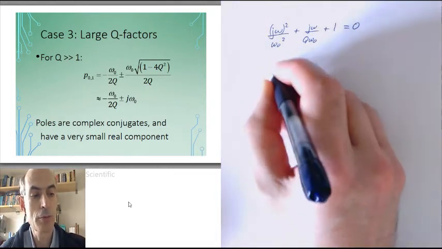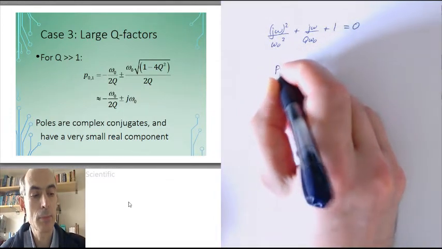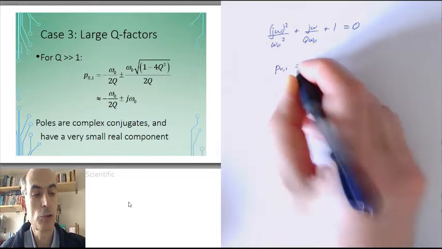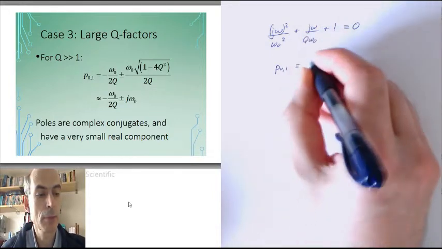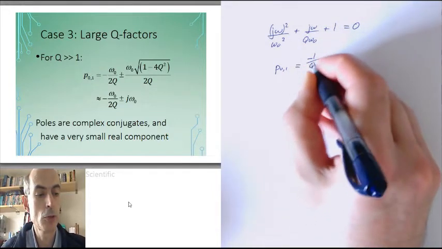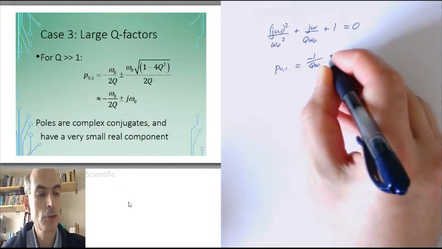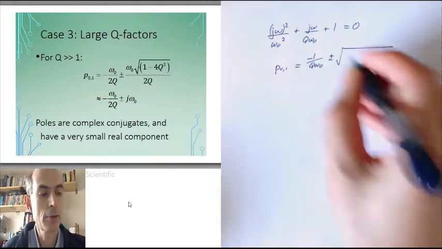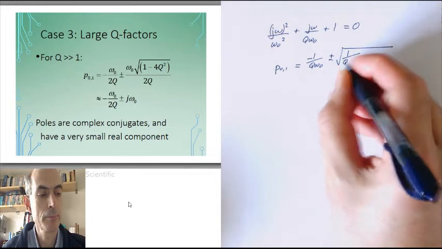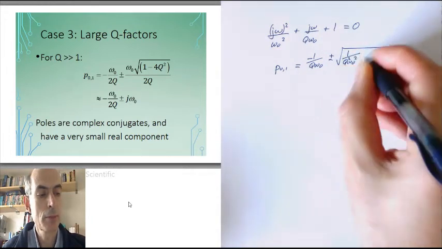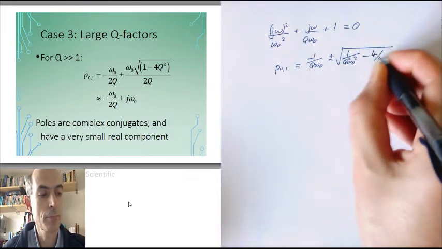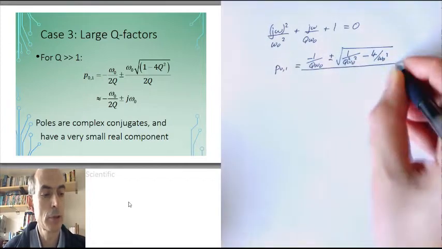We could write that p is equal to minus b plus or minus the square root of b squared minus 4ac, all over 2a, where b is 1 over q omega naught.